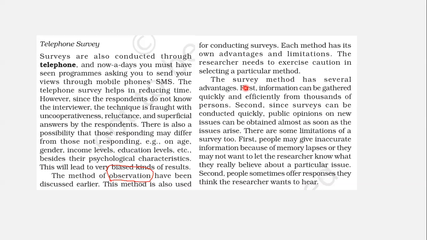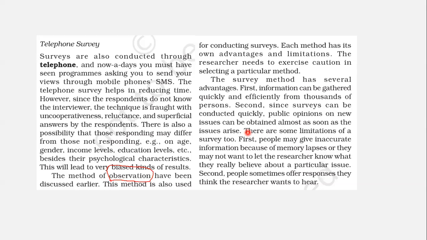The survey method has several advantages. The information can be gathered quickly, efficiently from thousands of persons. As I said, for contacting a large number of groups, you can use this survey method. Second, since surveys can be conducted quickly, public opinions on new issues can be obtained almost as soon as the issue arises. Like now, the flood situation is going on.